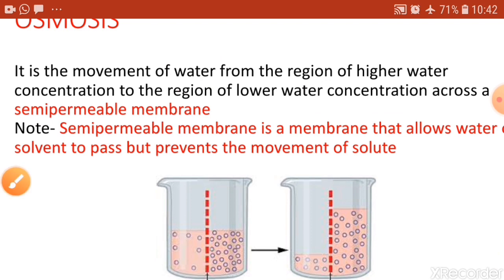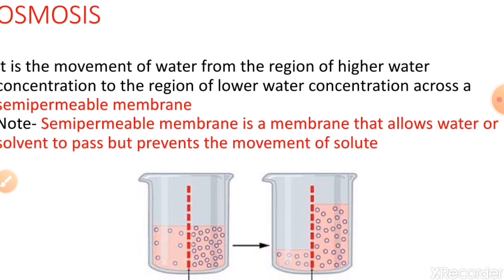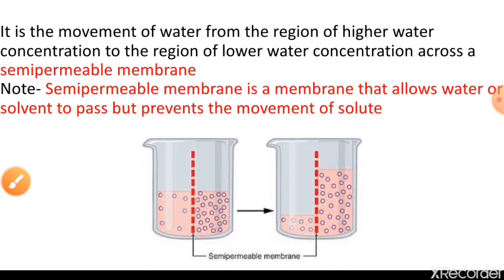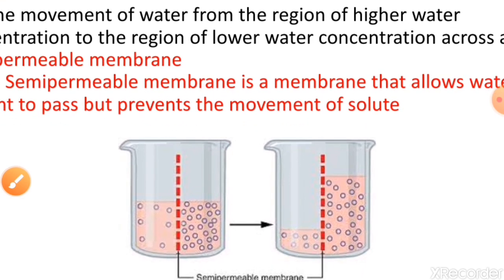And try to recall what a semi-permeable membrane is. A semi-permeable membrane is a membrane which allows water or solvent to pass but prevents the movement of solute. It will not allow the solute to pass, but it allows water to pass. So here is the diagrammatic representation showing osmosis taking place.